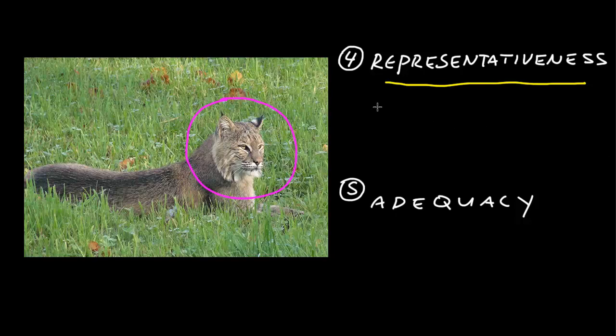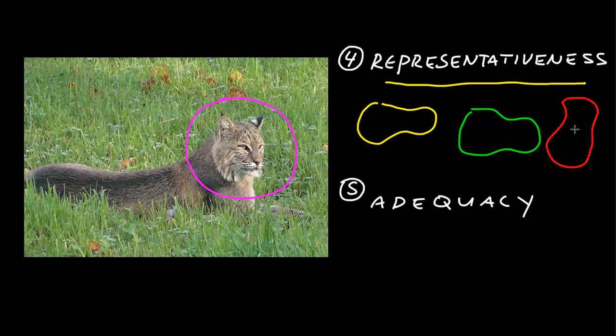And imagine that bobcats are represented in our reserve, but we know that bobcats use 3 different types of habitats. So these probably represent different habitats. We know that bobcats use those. But if our reserve network only included this habitat, right? Even though there are bobcats there, we're not being representative in terms of the habitat needs of the species, because we're excluding our green and our red habitats.